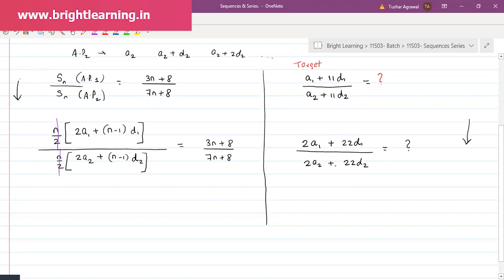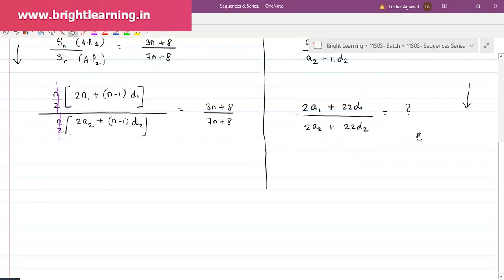So, concentrating on the target and comparing it with the information I have in my hand: 2A1 plus (n minus 1) D1, and here it is 2A1 plus 22 D1. Can I make n minus 1 equal to 22?